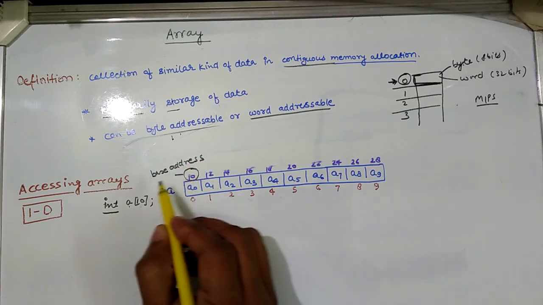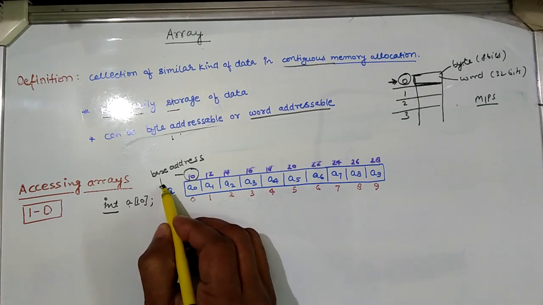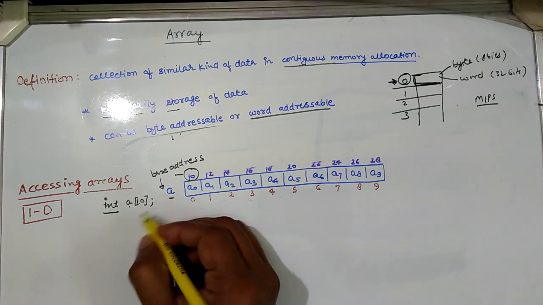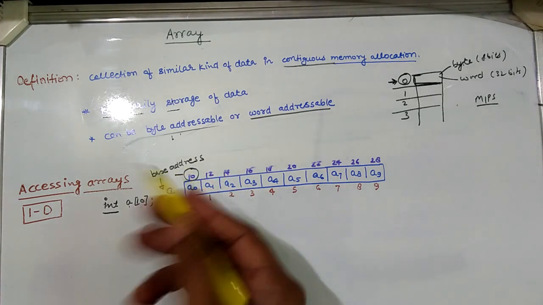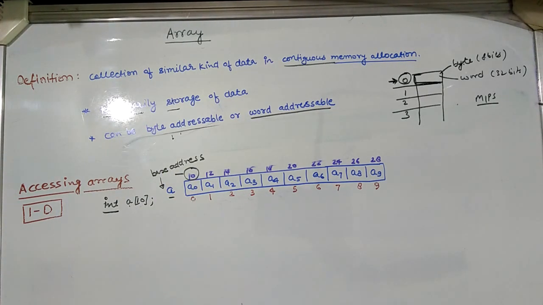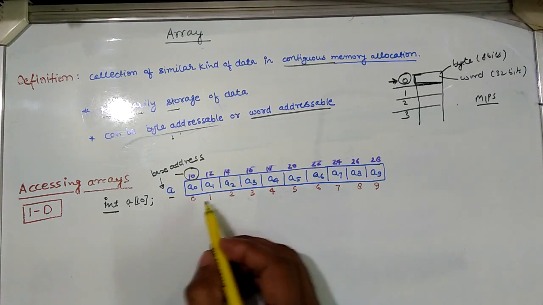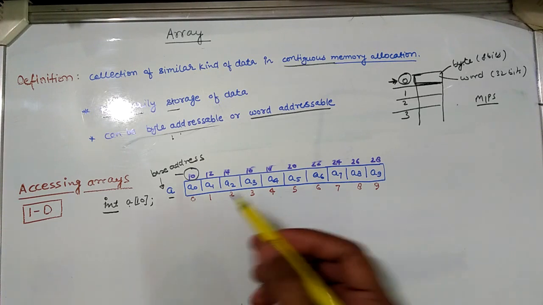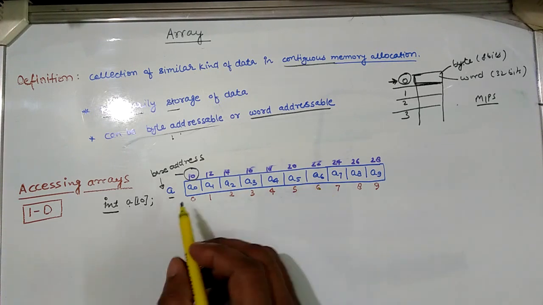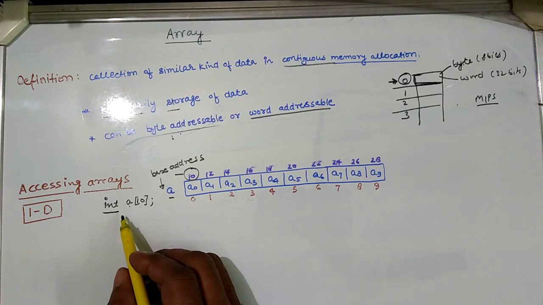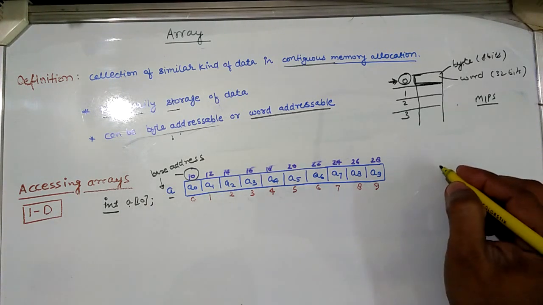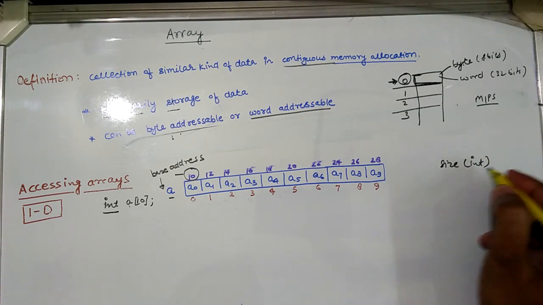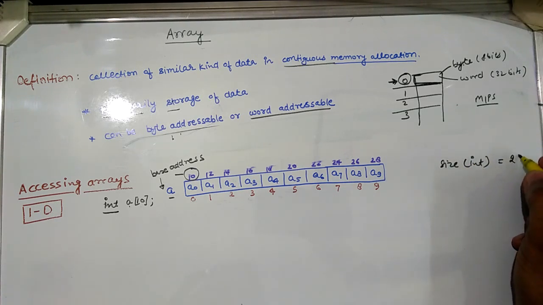This base address is stored in variable A. So if you want to print the variable A, it will print nothing but the base address of the array. To access the other memory locations in the array, we have different mechanisms. Because this is an integer array, I assume for the time being that the compiler I have used has a size of integer as 2 bytes.